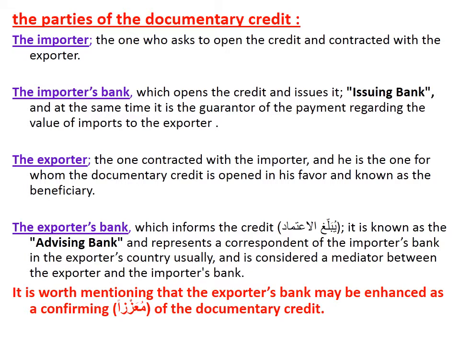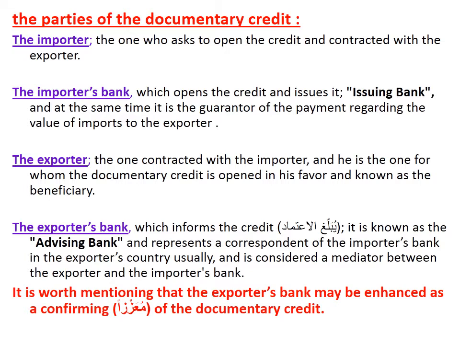Now, there may be the exporter's bank that deals with the importer's bank. The exporter's bank which informs the credit. So we call it that it is notifying the exporter, بيبلغ الاعتماد.